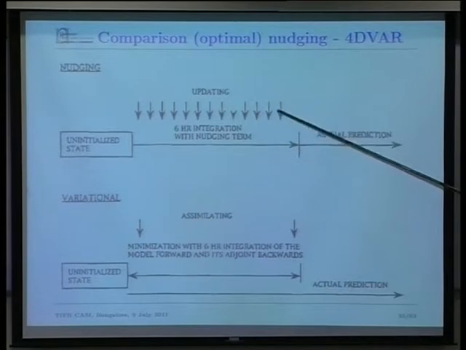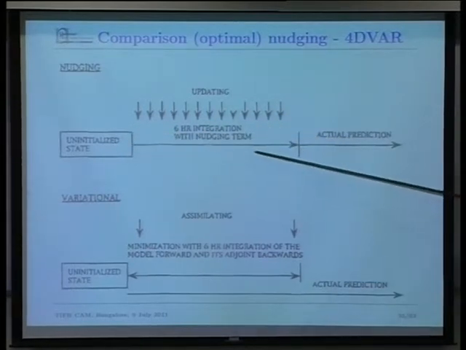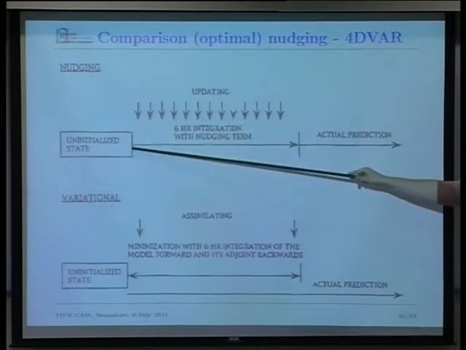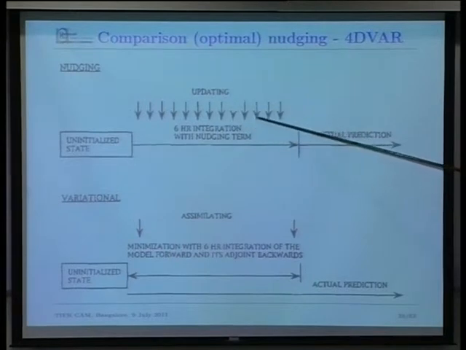Then you can use nudging. So during the assimilation window, from the background state, you update with the nudging terms, and then you make a prediction. For the prediction, there is no more correction of the model because you have no more available observations.